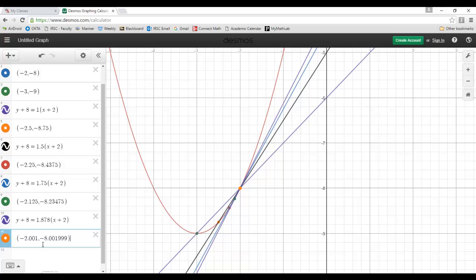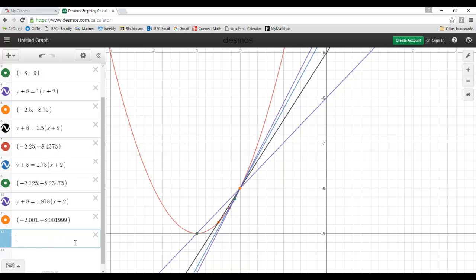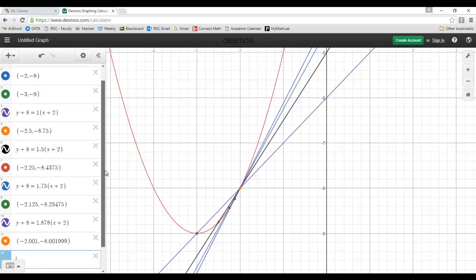So now I want to find the slope of the secant line that passes through this point right here, which is super close to my original point. In fact, it covers it up on the graph because it's so close. I want to find the slope of the secant line between this new orange point and my original blue point. So I'm going to use the slope formula with this point right here and this point right here. I haven't done that yet. Let me do it real fast.